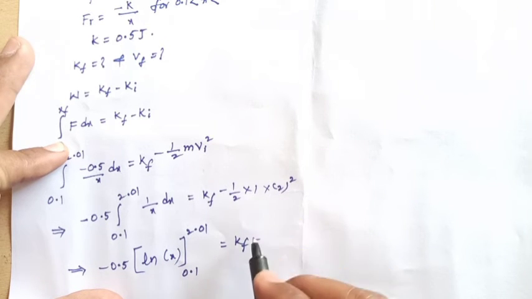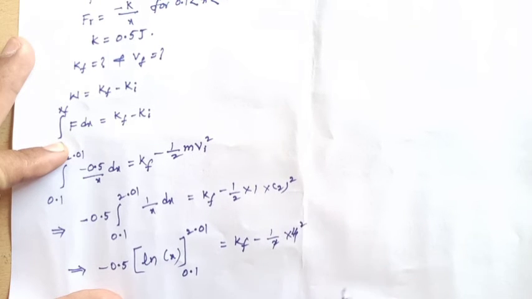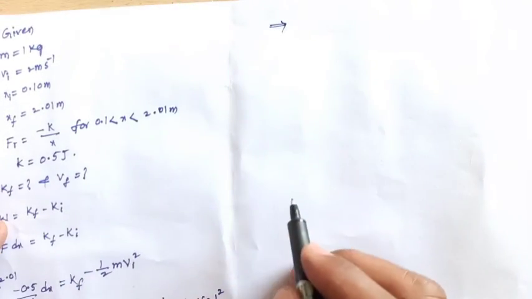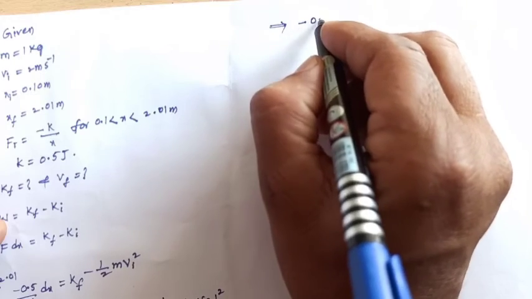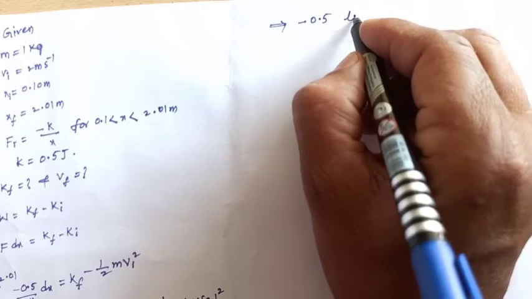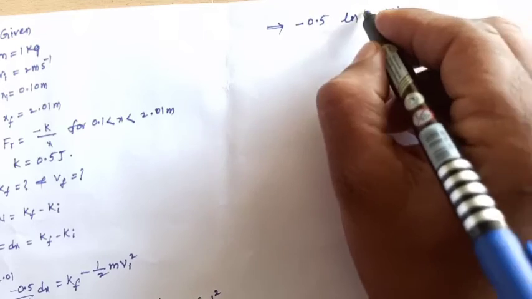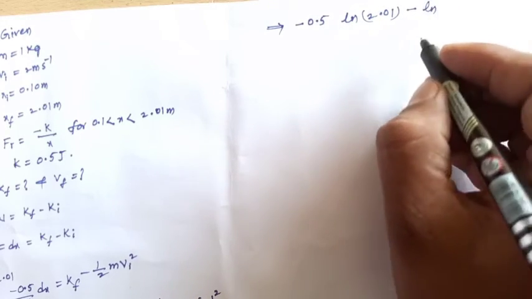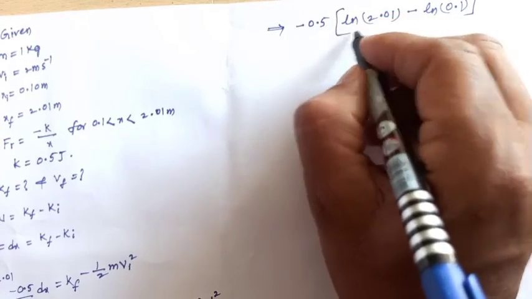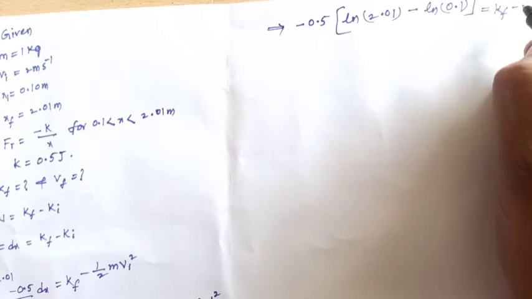So it is minus 0.5 into ln 2.01 minus ln 0.1, first substituting the upper limit, equals Kf minus 2.